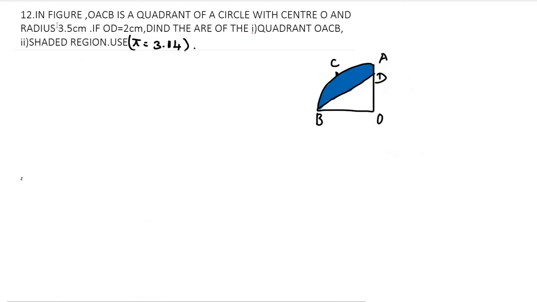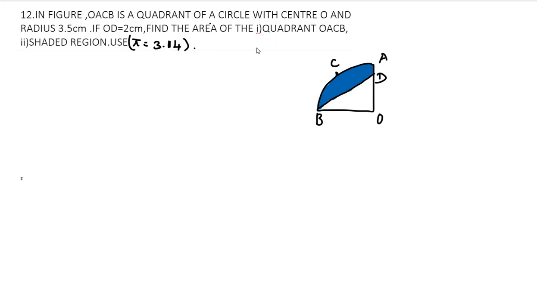See the 12th question. In the figure, OACB is a quadrant of a circle with center O and radius 3.5 centimeter. If OD is 2 centimeter, find the area of the quadrant OACB, and the second one is the shaded region.